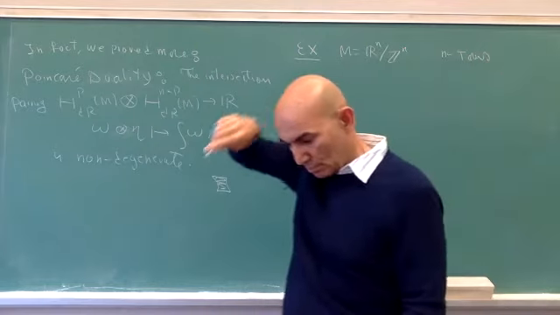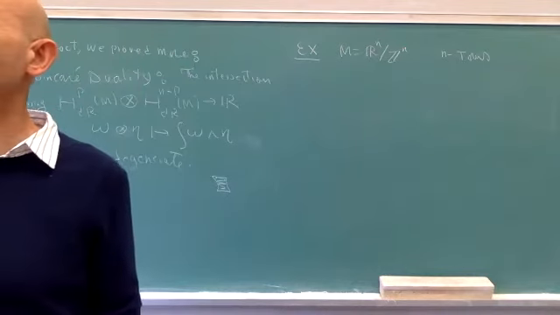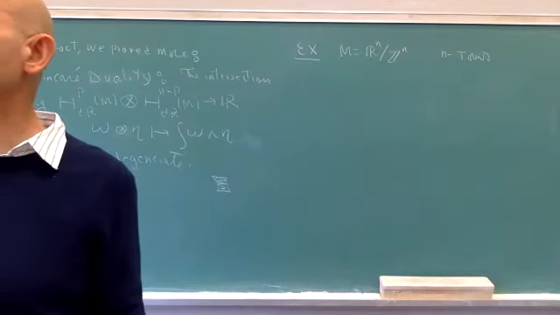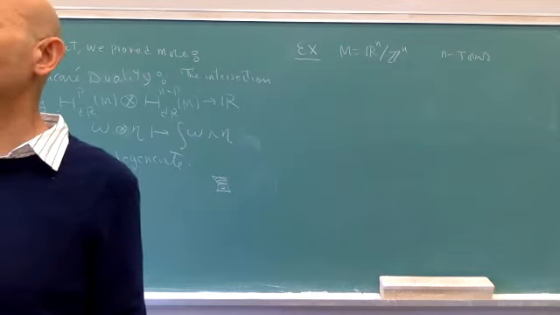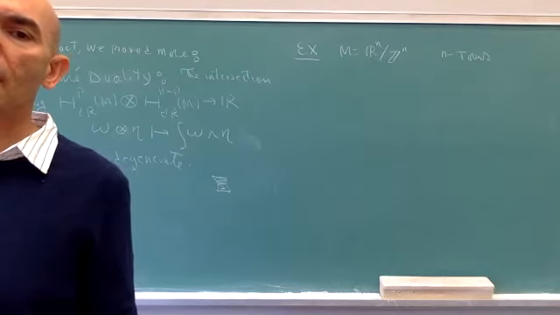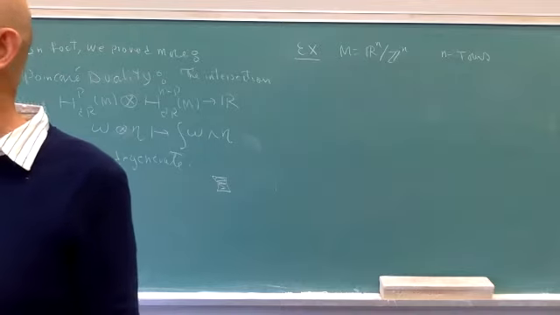So to check these statements that we made, we can put a metric on the n-torus. And what is the best metric you can think of on the n-torus? Flat metric from R^n.